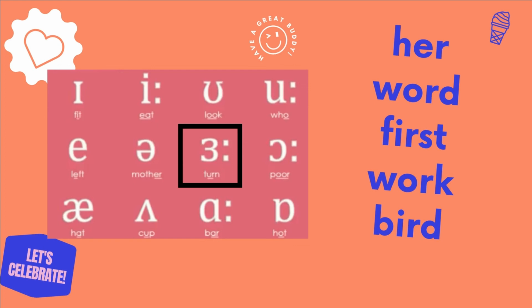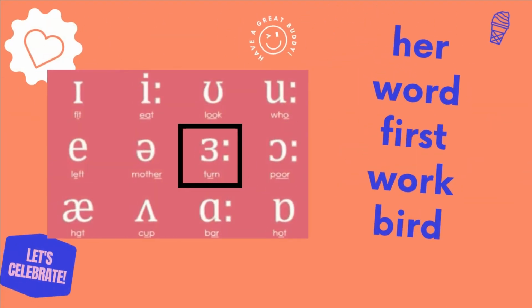Notice that the same English sounds can be used for all of these different letters. In that example, all the words her, work, and first use different letters but make the same sound. That's why learning the IPA is going to help you pronounce English words better.